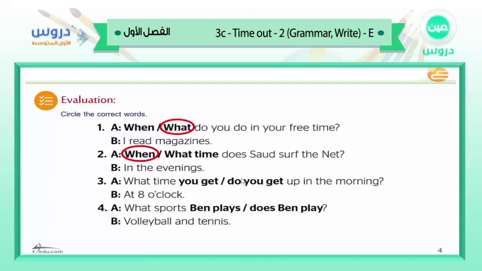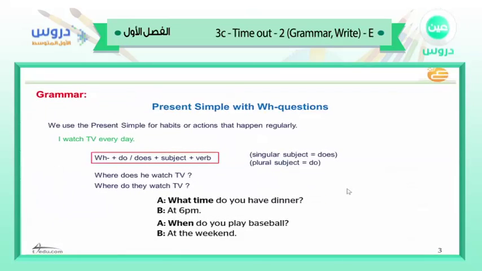Number 3. What time do you get up in the morning? Should we use do or without do? What time do you get up in the morning? We're talking about the present, and we're talking about the present simple. So should we use do or does or without do or does?